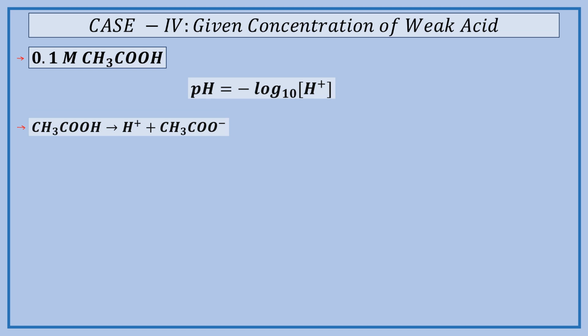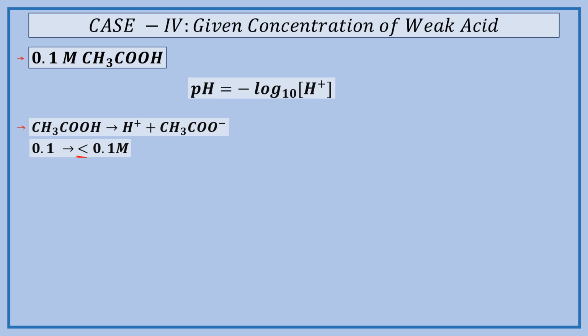So the concentration of the acid here is 0.1 molar. It will not give us the entire 0.1 molar H plus ion as per the stoichiometry. Rather, the concentration of H plus ion will be somewhat less than 0.1 molar.